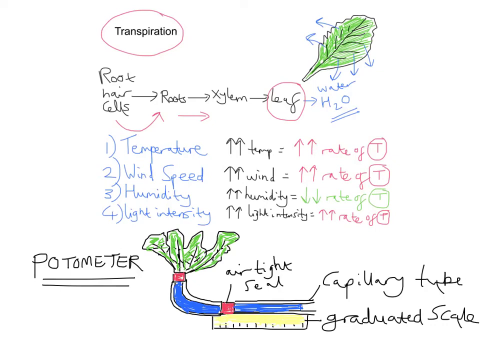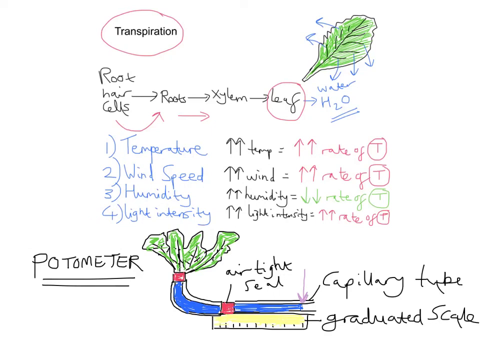We actually cut the leafy shoot under the water to prevent excess gas getting in, and by cutting it at a slant, it allows for a maximum surface area for the absorption of water. So we cut the leafy shoot within the water, we put it in at the top, we have airtight seals, we've got this capillary tube, and this point here where I'm labelling it, I'll put it in purple, this arrow here, that's our meniscus.